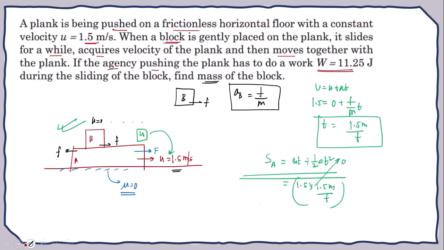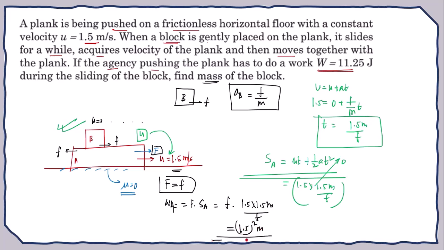Corresponding to that, what is the work done by this force? Since capital F is balancing the small f for the plank A, can I say F equals small f. Now the work done by capital F should be equal to capital F into displacement S of A, and that is equal to small f into 1.5 into 1.5 m by f. That means f will cancel out, so I am getting 1.5 whole square into m.